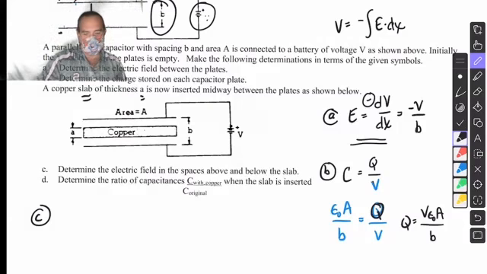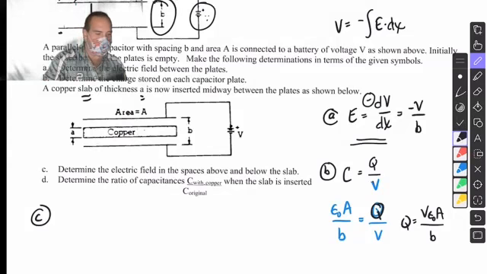I would like to approach the problem by not leaving the copper in the middle and recognizing that it doesn't matter whether the copper's in the middle and creates two separate capacitors, or we move the copper to the bottom and just have one capacitor. Do you understand what I'm suggesting?